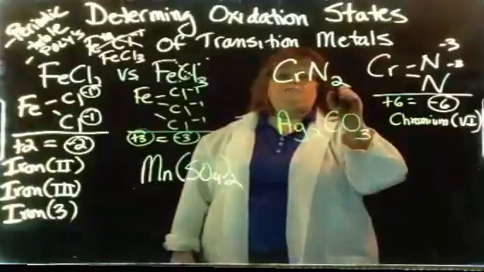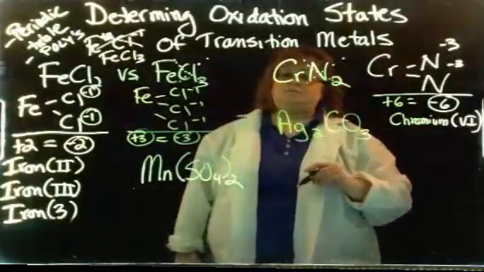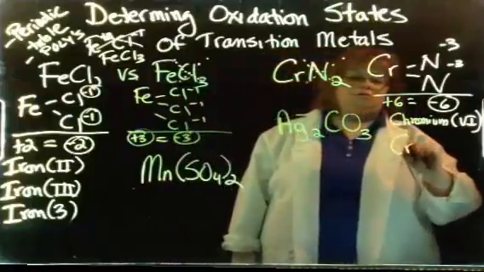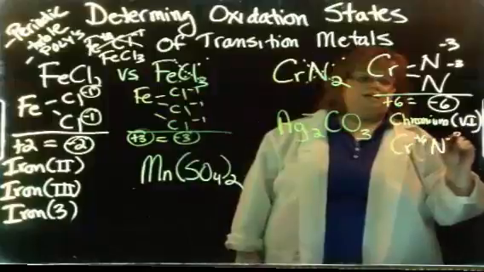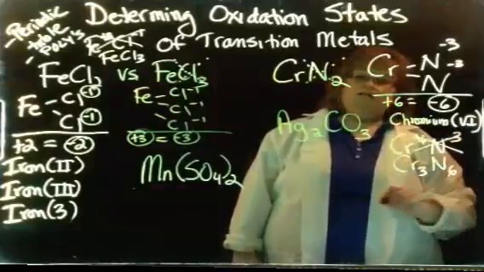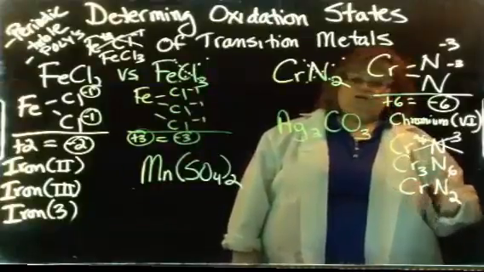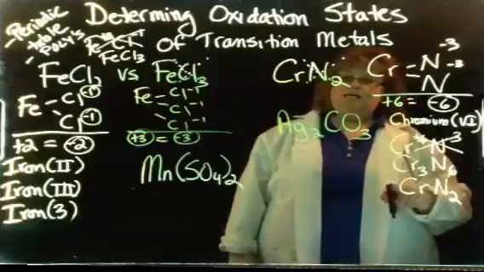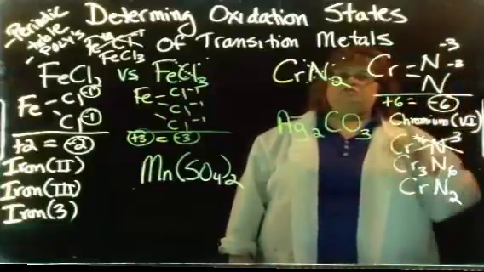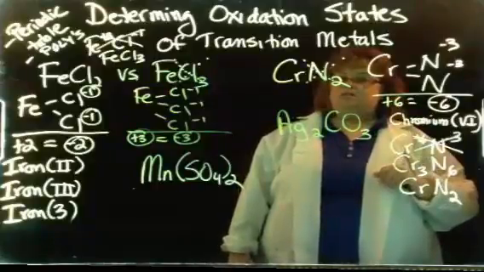But look what would have happened if I had just uncrossed that. I would have thought that it was a +2. The reason why it happened was that when chromium was a +6 and nitrogen was a -3, and we crossed those down in a crisscross fashion, we reduced it to CrN2. So that extra step is kind of hidden in there when you're trying to determine the oxidation states. That's why drawing things out is a sure way of determining what that oxidation state is.